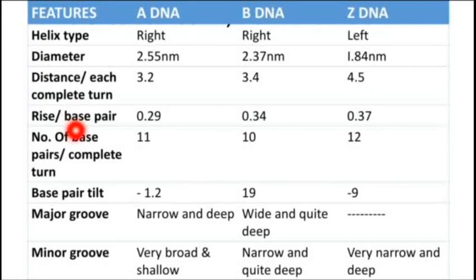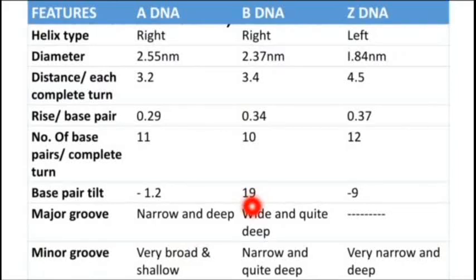The rise per base pair in bDNA is 0.34 nanometer. This is the distance between two adjacent base pairs in a single strand, and that of aDNA is 0.29 and that of zDNA is 0.37 nanometer. The number of base pairs per complete turn in bDNA is 10, in aDNA is 11 and in zDNA is 12.